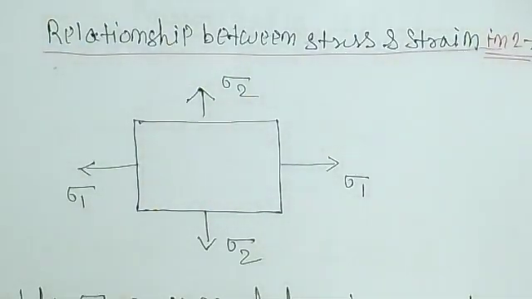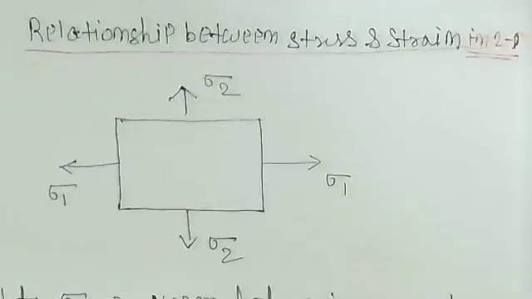Similarly, when we consider sigma 2, the strain on the y axis is longitudinal and the strain on the x axis is lateral. So let's say, what is the total strain on x and y?